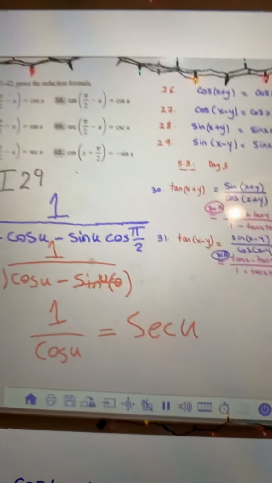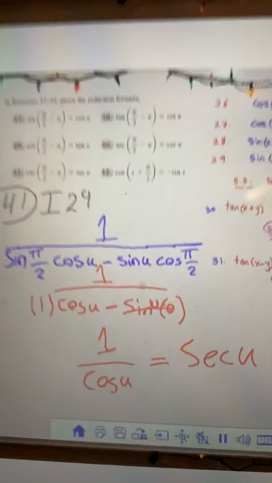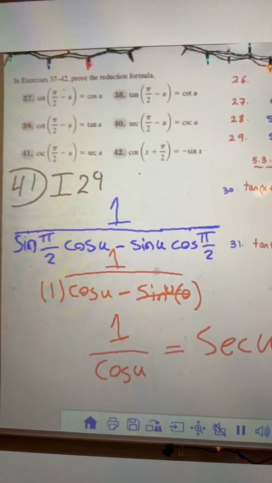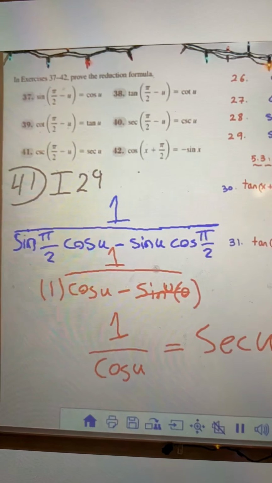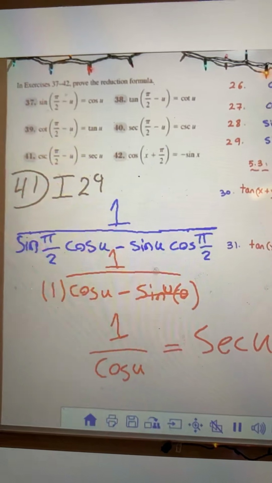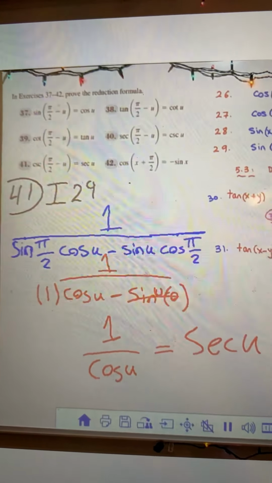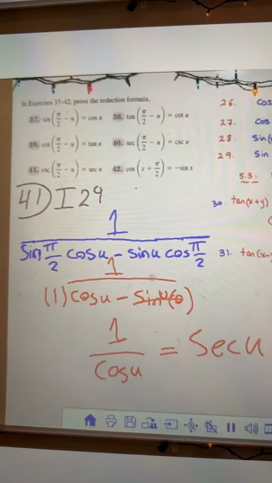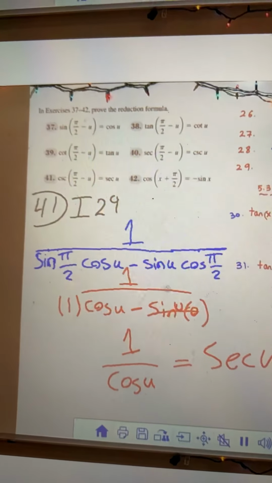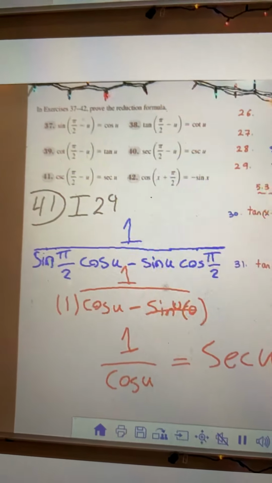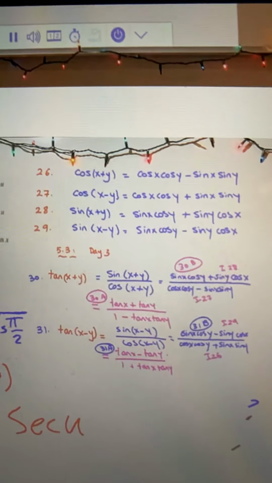And the last one. So 41, cosecant is 1 over sine. And I apply, I think whoever did that on the board skipped the first step, but it's okay. It's 1 over sine of pi over 2 minus u in parentheses. And sine of a difference, you can see that it's identity 29.